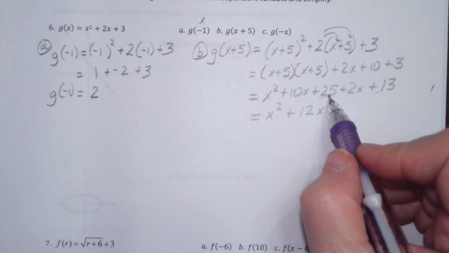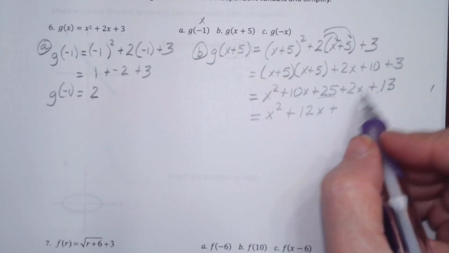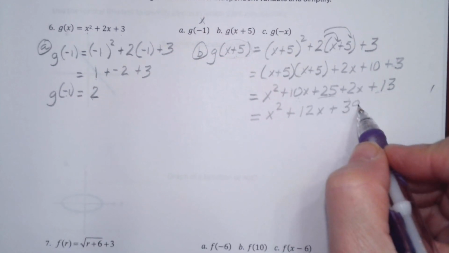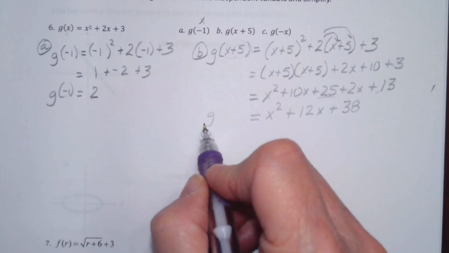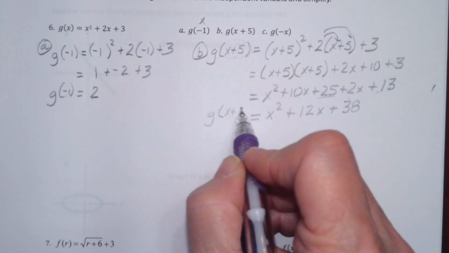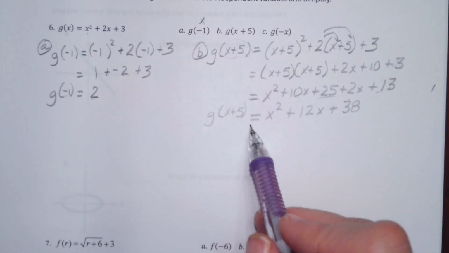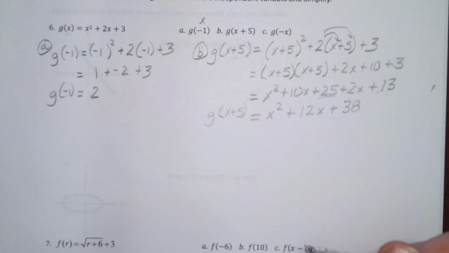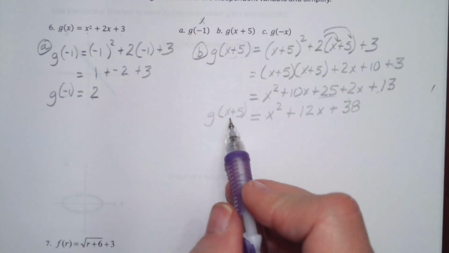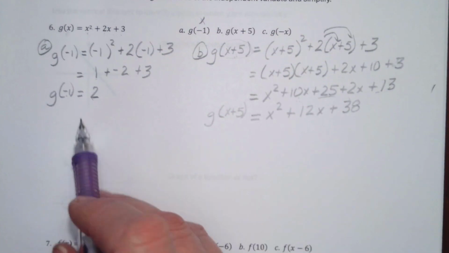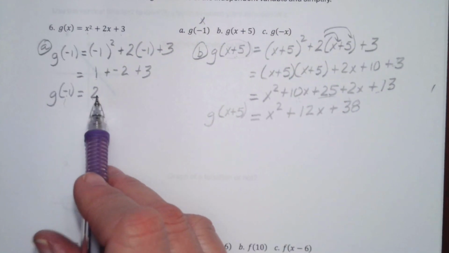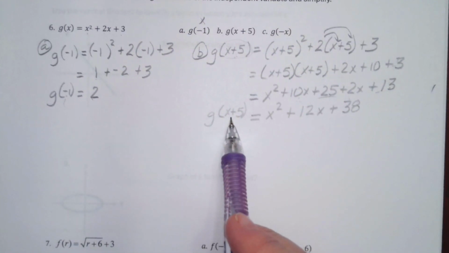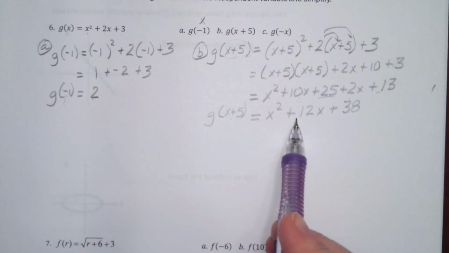So 25 plus 13 is 38. So if we were to input x plus 5 into it, we would get this expression, and that's perfectly fine. You can end up with an expression. That is not a problem because we started with an expression. Here we started with a number and got a number. Here we started with an expression and we just got a bigger expression.